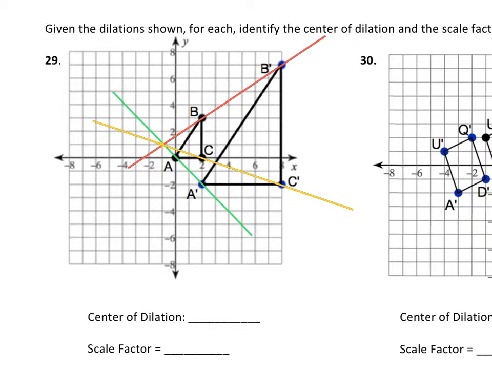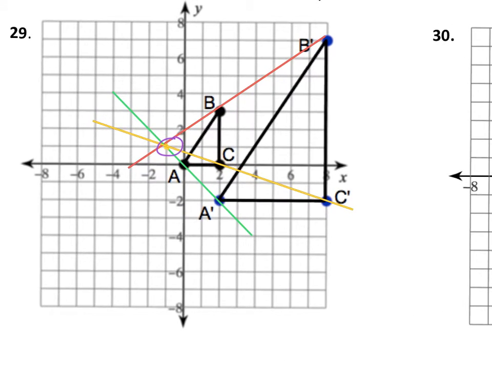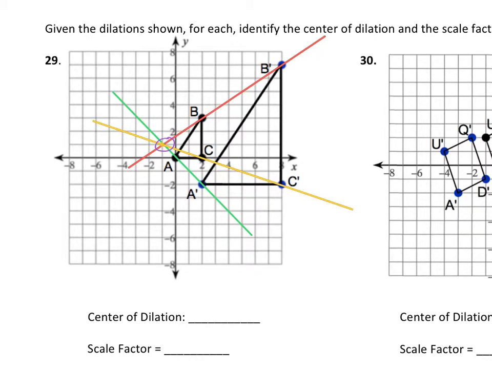Sorry for all the clicks and the random pauses. That point right there is indeed my center of dilation, exactly where all three of my lines are passing through. So for the center of dilation, my answer would be (-1, 1).